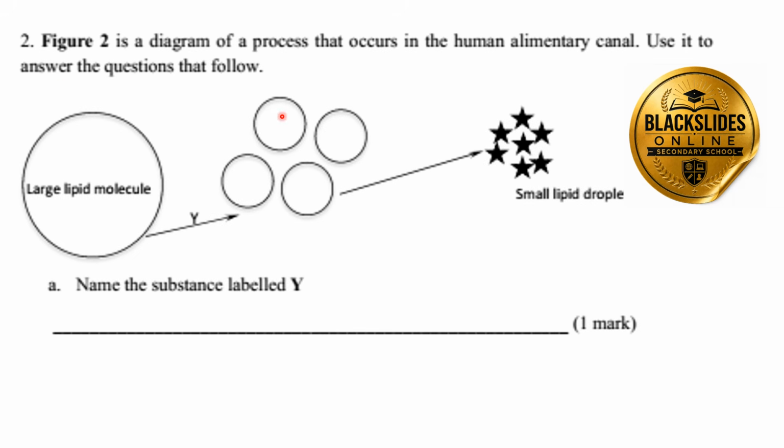Question number 2 refers to a diagram of a process that occurs in the human alimentary canal, or what is popularly known as the digestive system.